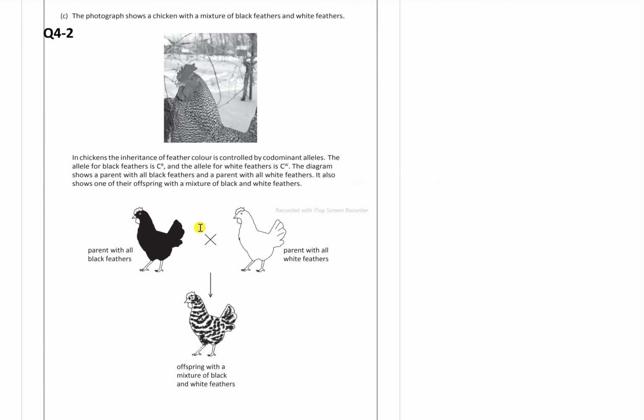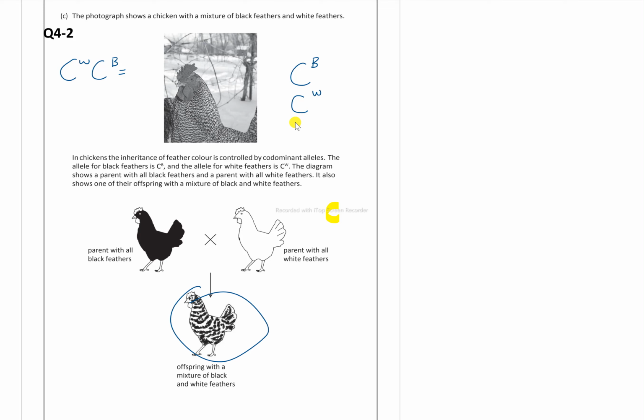Right, you've got a black chicken, a white chicken, codominant. That means, let's try something else. So this one codes for black, that codes for white feathers. And when you cross them, if you end up with a CW, C black, either way around, you're going to end up with a grey. I don't know what to call it.